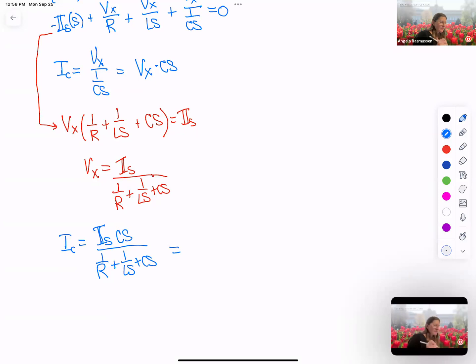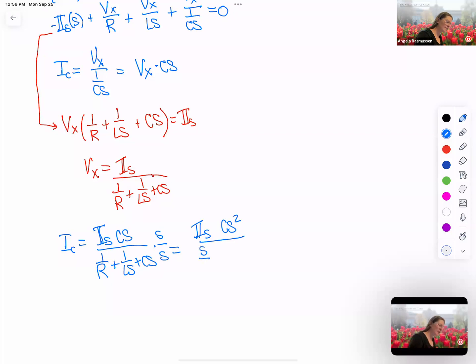Okay, to simplify this, I'm trying to get it into a form where I just have the roots on the bottom so that I can match it up with the table easier. I have 1 over LS on the bottom, so I'm going to try and get rid of that S. That's where I would start, by multiplying the top and the bottom by S. So that gives me CS squared on the top.